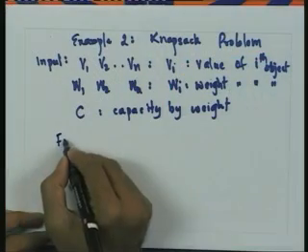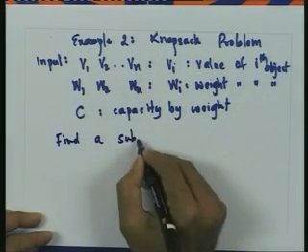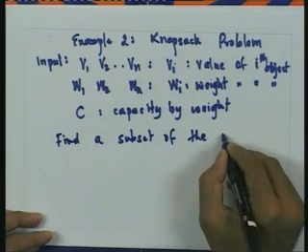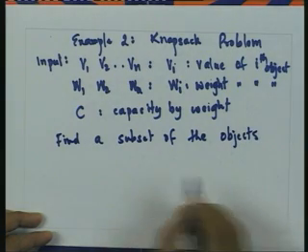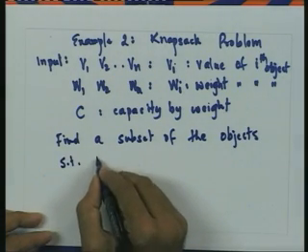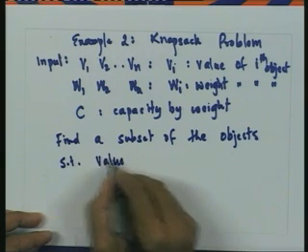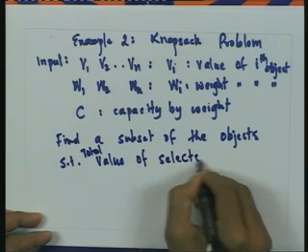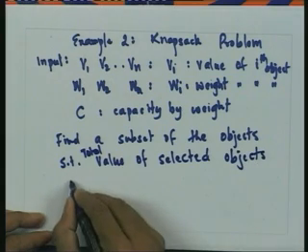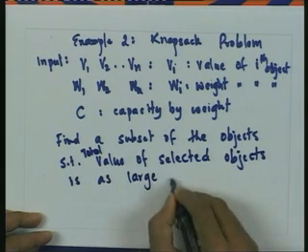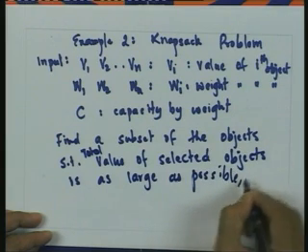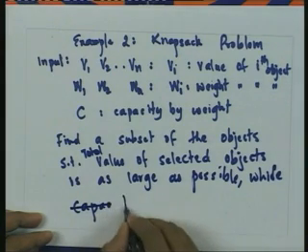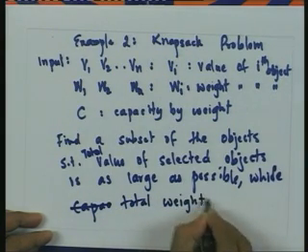So we want to find a subset of the objects such that the total value of selected objects is as large as possible, while the total weight is less than or equal to C.